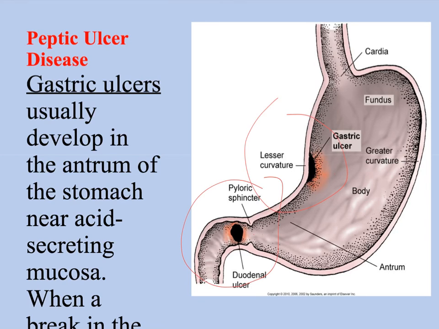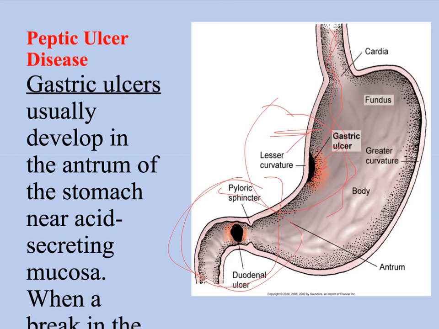They're very similar. Typically, signs and symptoms, it's kind of hard to differentiate, but a lot of times these patients will have pain soon after eating because that food comes down and it starts irritating this. These patients with the duodenal will actually have pain about an hour after eating.